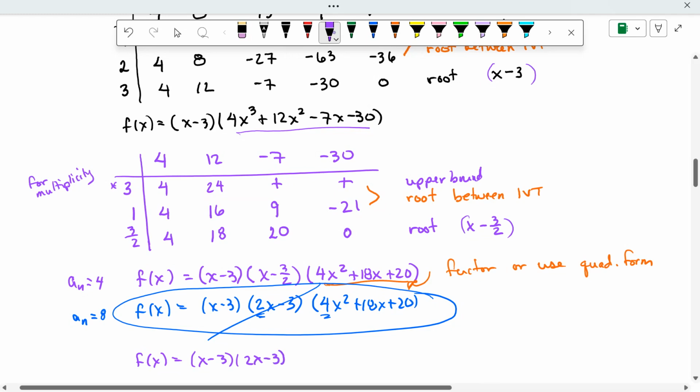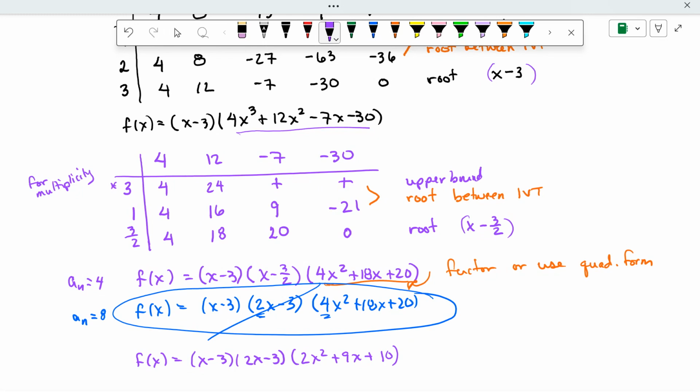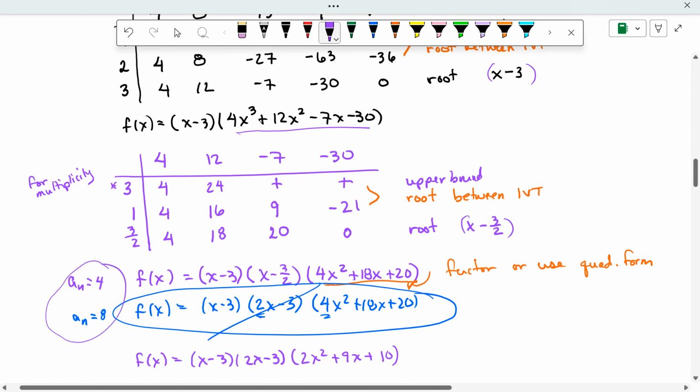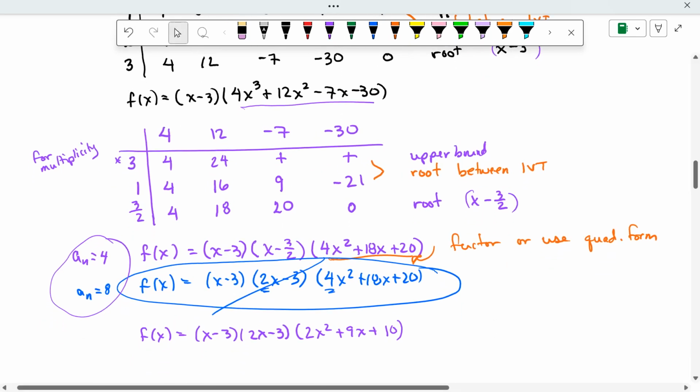But I now multiplied that term by 2. So I'm going to need to divide the other terms by 2 here to keep it balanced. Because if I multiply one factor by 2, I have to divide another factor by 2. Otherwise, I see a change in the leading coefficient. And if I look at this polynomial, my leading coefficient is still 4 because I have 2 times 2.